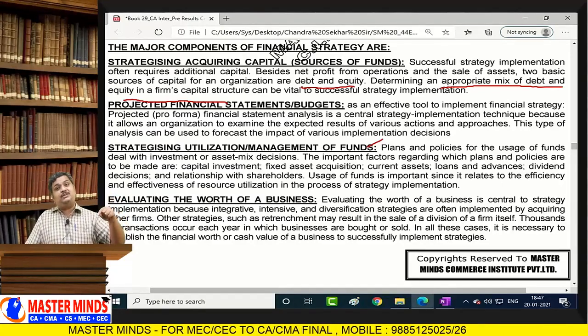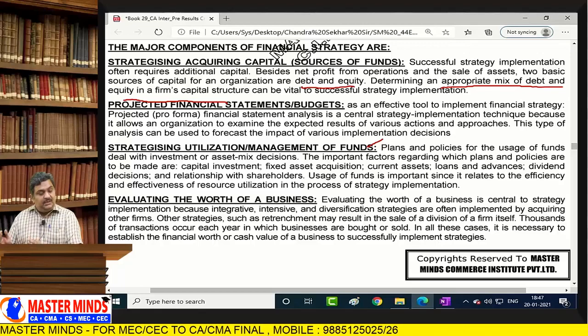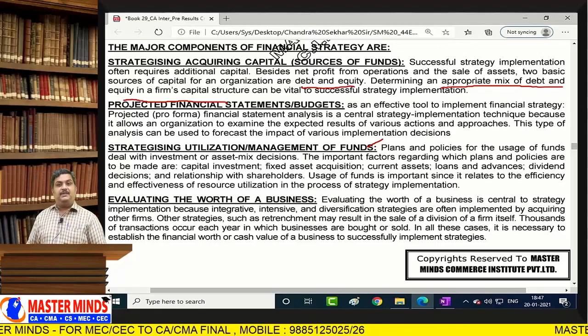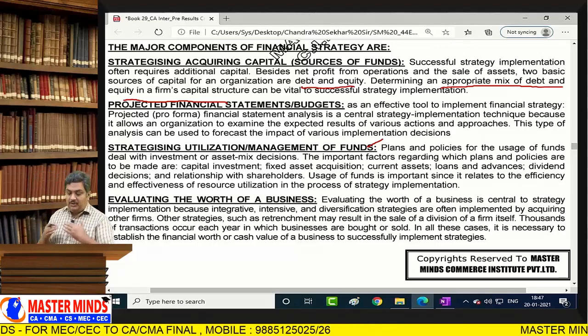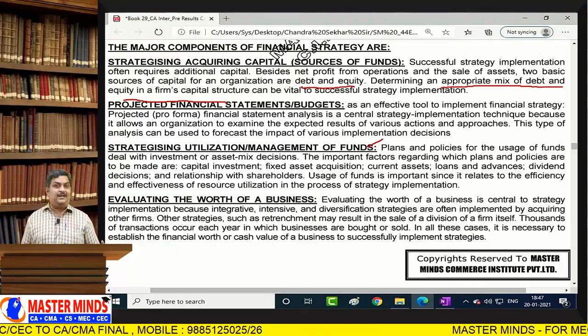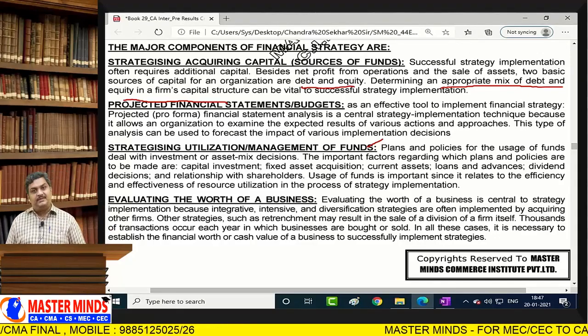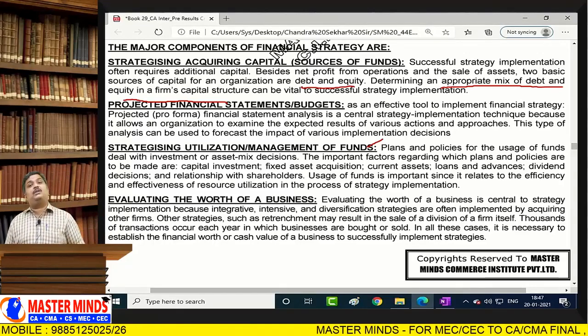So, the finance manager should intelligently decide about the capital investments, the fixed asset acquisition, about the current assets, loans and advances. Regarding all these areas, the finance manager should make strategies. Otherwise, there will be a cash crunch in your organization.